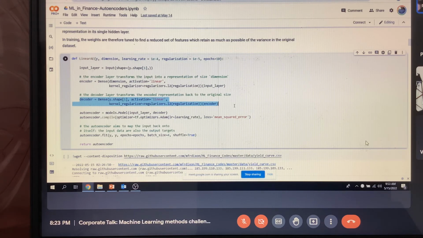So therefore, in your financial data, given a data, it will try to change it into a low dimension and reconstruct the data back and try to minimize the reconstruction error. And therefore, there's a learning here.